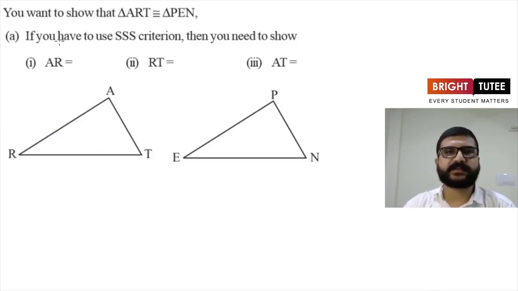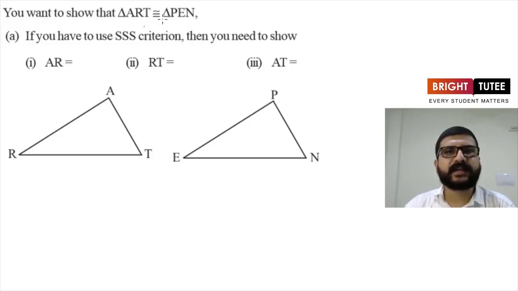Now here is the next question. The question is, you want to show that triangle ART is congruent to triangle PEN. Now the first part of the question is, if you have to use SSS criteria, then you need to show what we have to show for using SSS criteria.